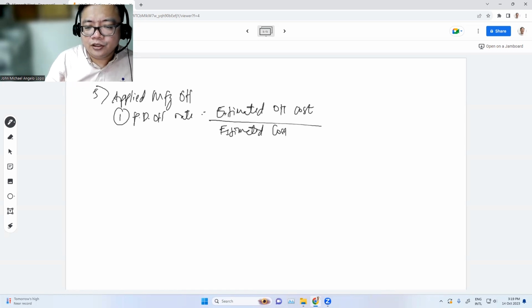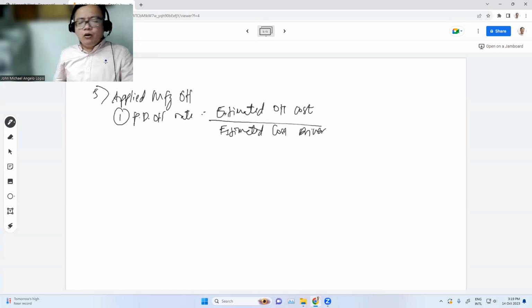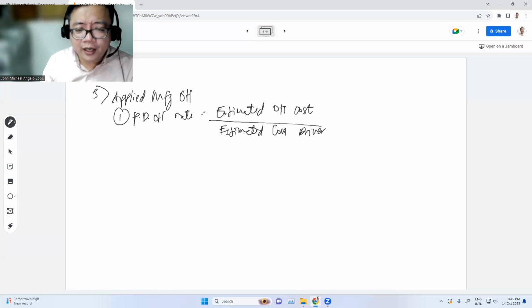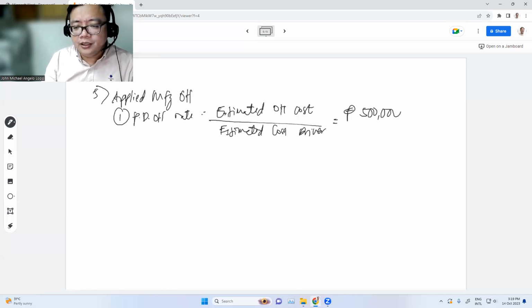Let's say, since the company is new, we will use direct labor hours. For example, your estimated overhead cost is 500,000 and our estimated cost driver is 50,000. So the answer here is 10.